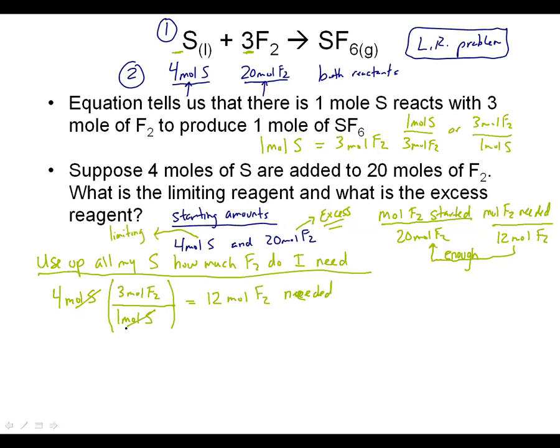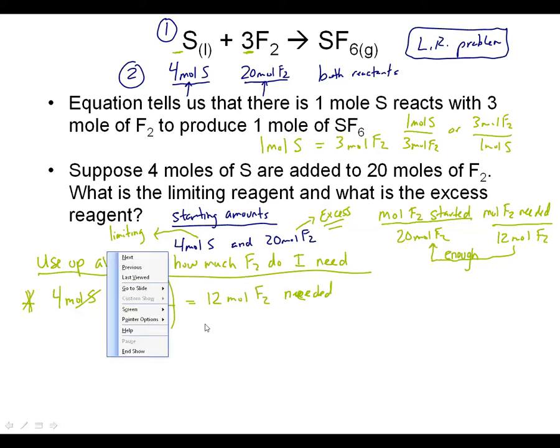So this calculation right here was enough to say, if I want to use up all of the sulfur, this is how much F2 that I need. And based on this calculation, I can see that we have enough.